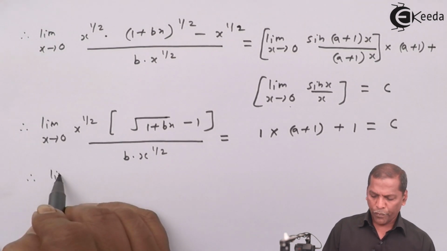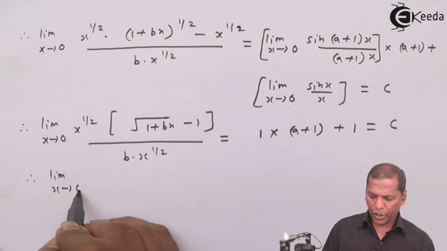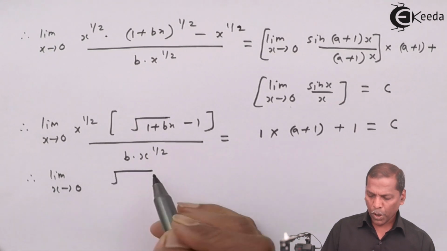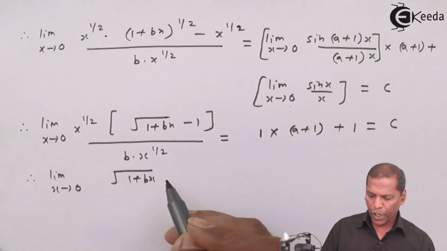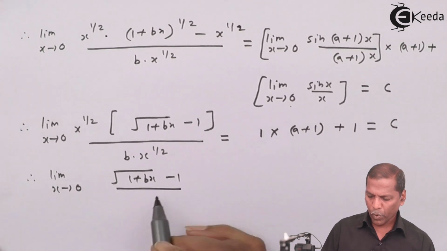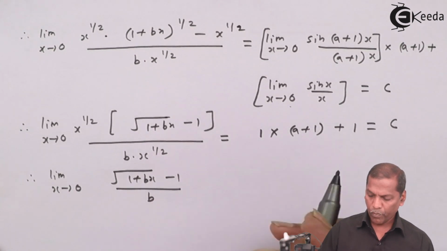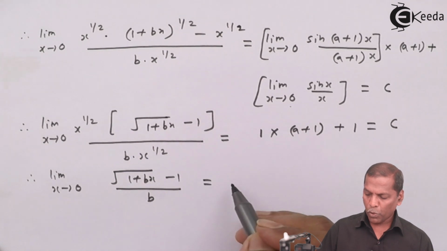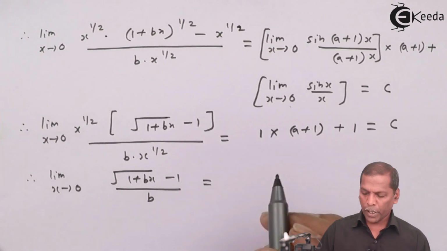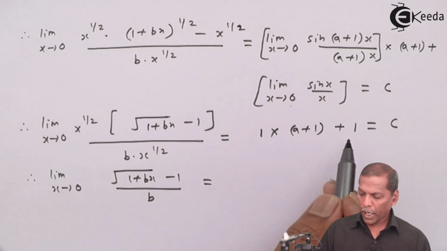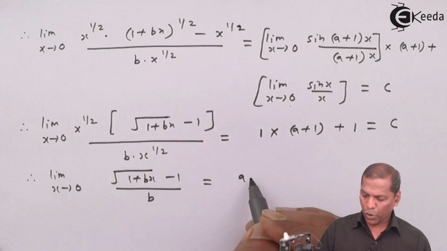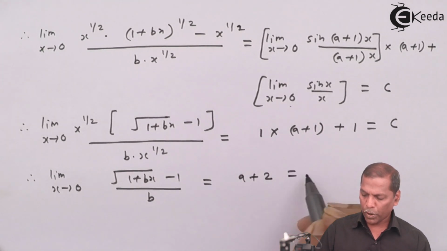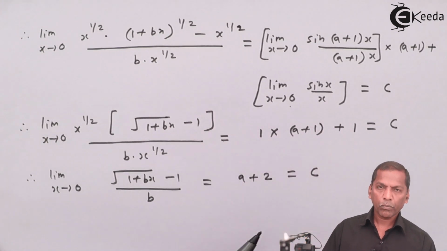Therefore the next step will be limit x tends to 0 square root of 1 plus bx minus 1 upon b, and that is equal to, now 1 into a plus 1 gives a plus 1, and again we have plus 1, so we totally get a plus 2, equal to c.